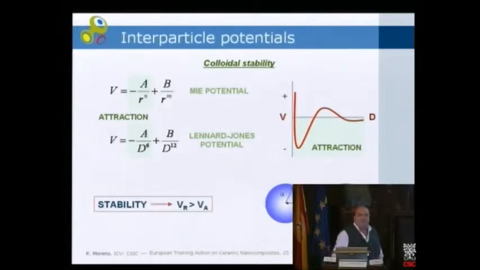The potential energy as a function of the distance between particles is plotted in this graph, in which we see that we have two minima. I will explain them later. The stability is achieved when the repulsive term dominates over the attractive one.